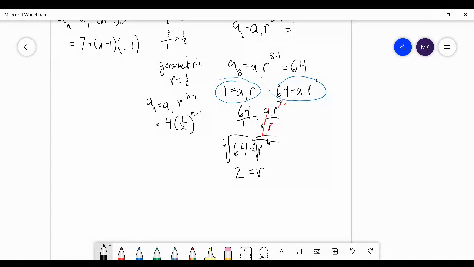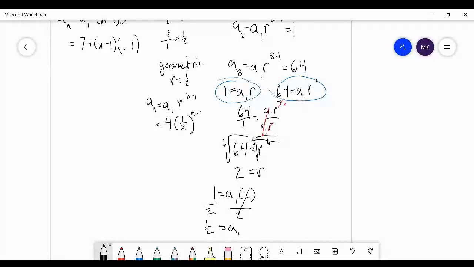We plug this r value into either one, whichever one's easiest. If I look at this left one, I have 1 equals a1 r. That's really easy to deal with. So I get 1 equals a1 times 2, since we know r is 2. Just divide by 2, and we get that a1 is 1/2.